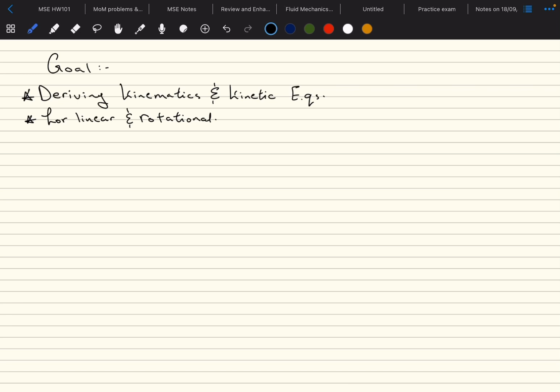Okay, so today we're going to derive the kinematics and kinetic equations for linear and rotational motion. There are three equations that you should know that will help us derive them. Those three are the big dogs of classical mechanics and further applications down the line.